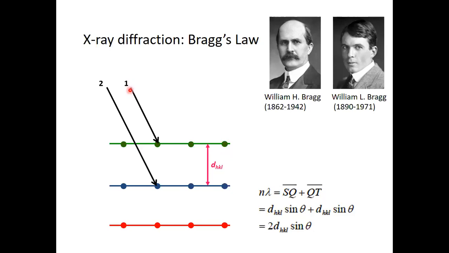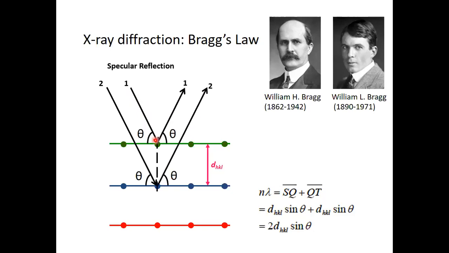So that is our X-ray 1 here, and that is our X-ray 2. Now X-ray 1 gets scattered at the first lattice plane, and X-ray 2 gets scattered at the second lattice plane. So now X-ray 2 has to travel a longer path until it's getting reflected in comparison to X-ray number 1. All right, so let's do the reflection.